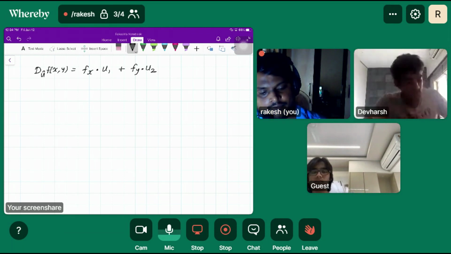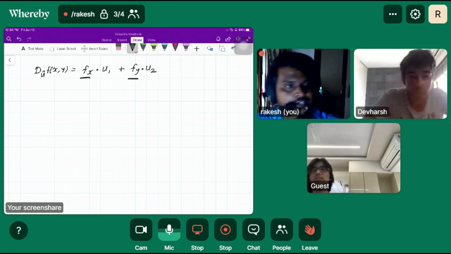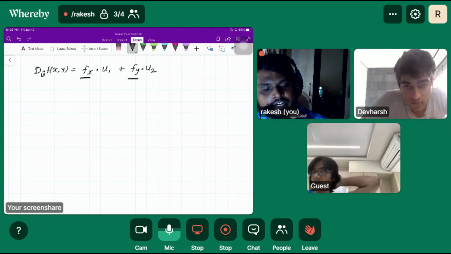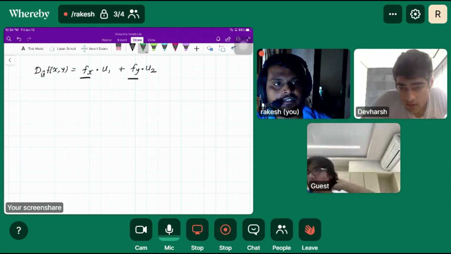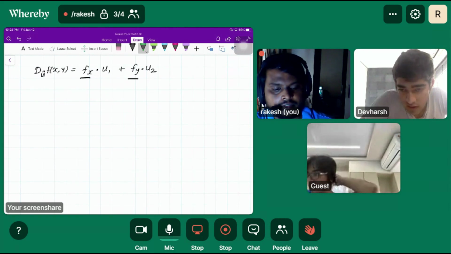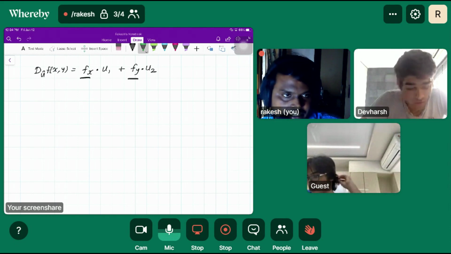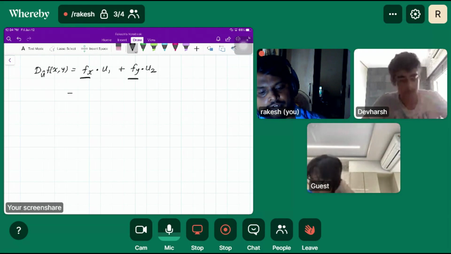Now what are fx and fy? These are the partial derivatives of the function with respect to x and y respectively. And what are u1 and u2? They are the components of the unit vector along the x and y directions.